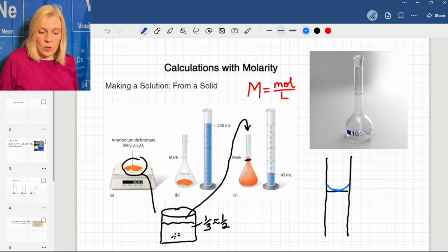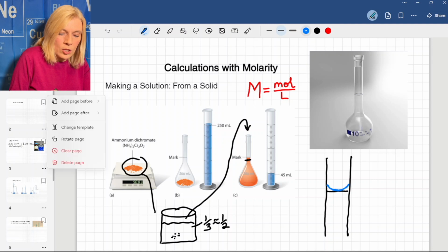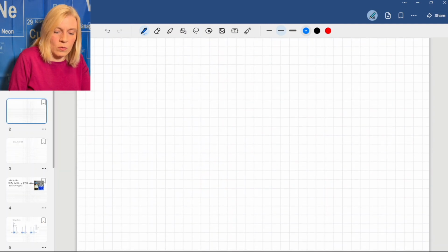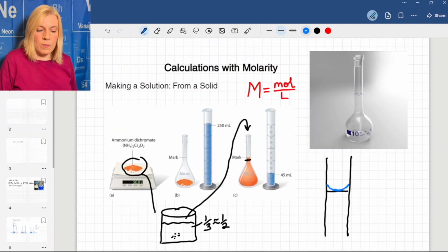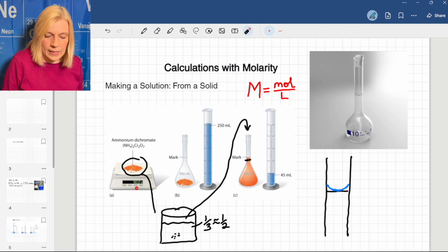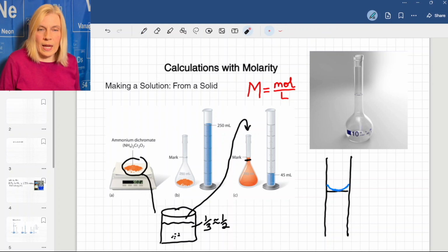I think we can look here and quickly do some calculation. Let's add a page here to do some calculation. So we have ammonium dichromate, and here on a scale, it says we have 90 grams of it. And then we added it to the flask.